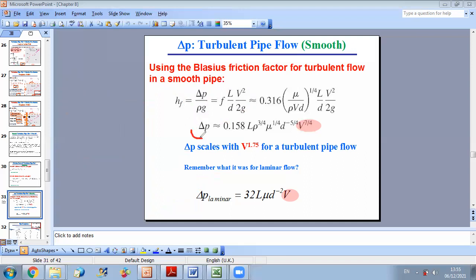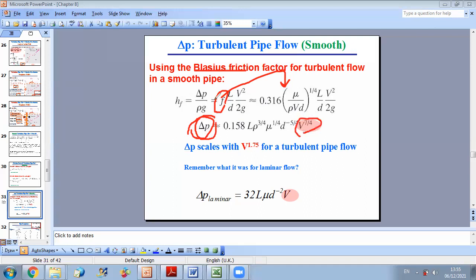Now, in order to come up with an estimation for delta P, we said that the friction factor was found empirically from Blasius result. Let us replace F by the value found by the scientist to have an idea how the pressure drop is varying with the velocity of the flow.